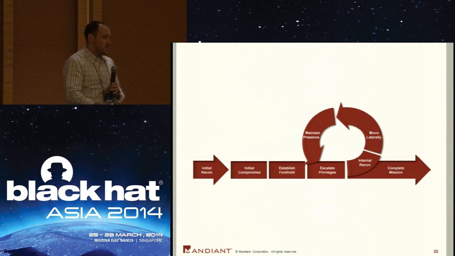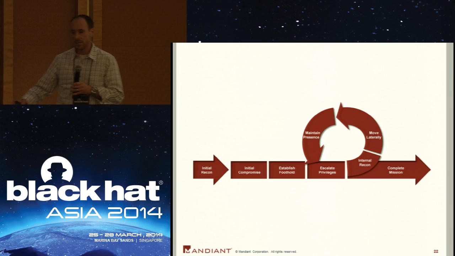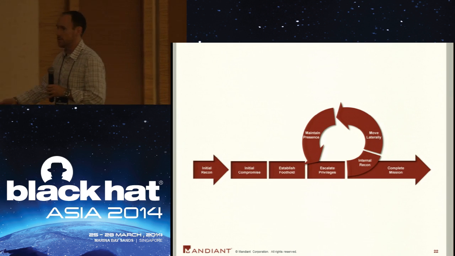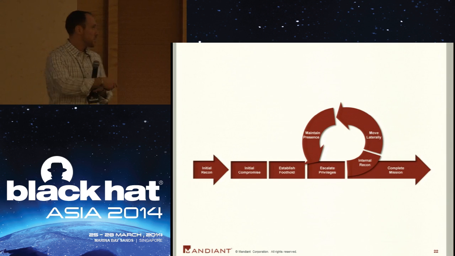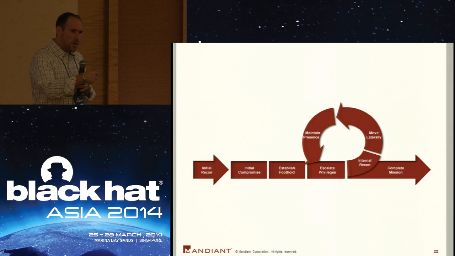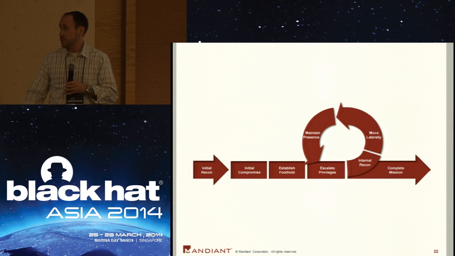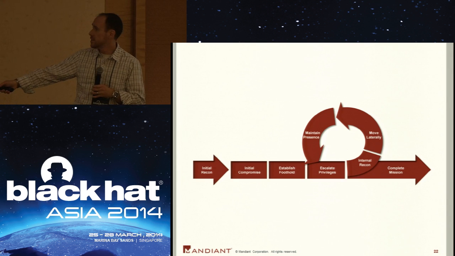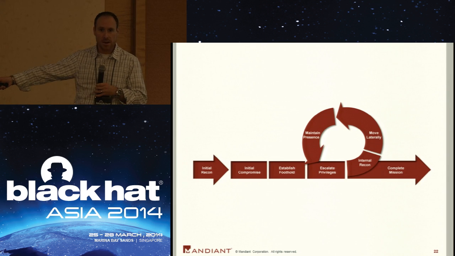And the reason this is important is, as I said earlier, all but the most simplistic targeted attackers are going to use legitimate credentials as part of an intrusion. So this on the screen here is a model that I use to explain the life cycle of a targeted intrusion. Not every intrusion is going to have all these phases, but essentially there's an initial compromise that's preceded by some reconnaissance.